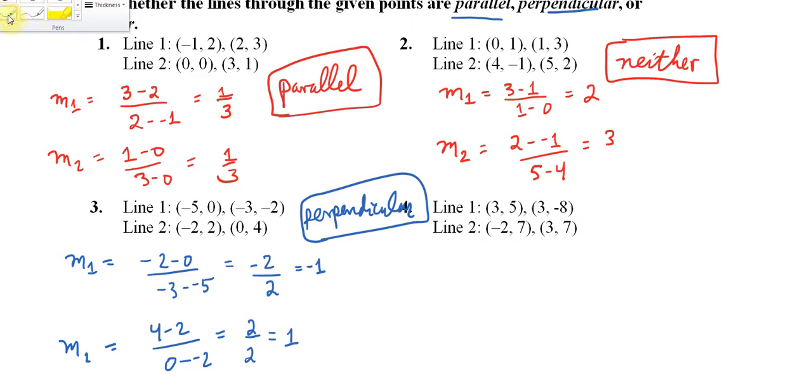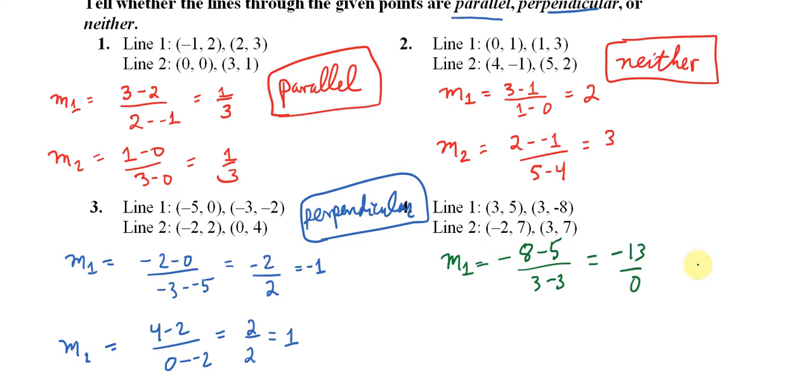And lastly, number 4. Let's look at the slope of the first line. M1 is equal to negative 8 minus 5, the change in y, over 3 minus 3. So we get negative 13 over 0. Now, let's be careful here. Most people think that dividing by 0 gives you 0, but this is actually undefined. So this is a vertical line.